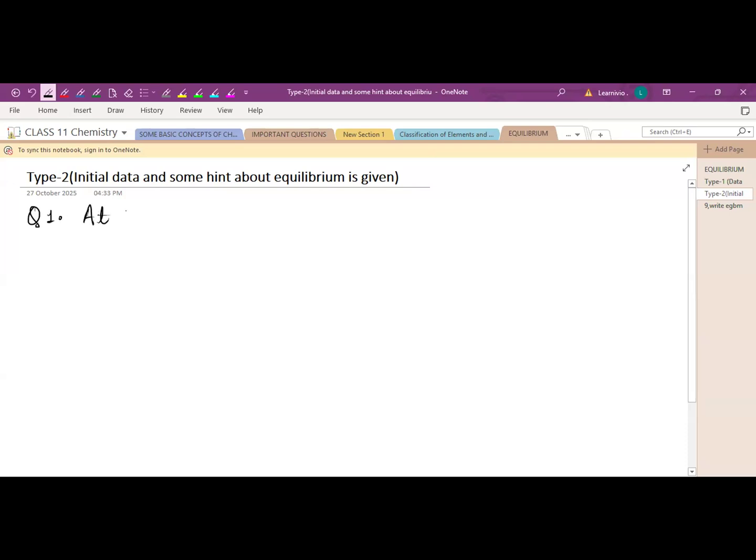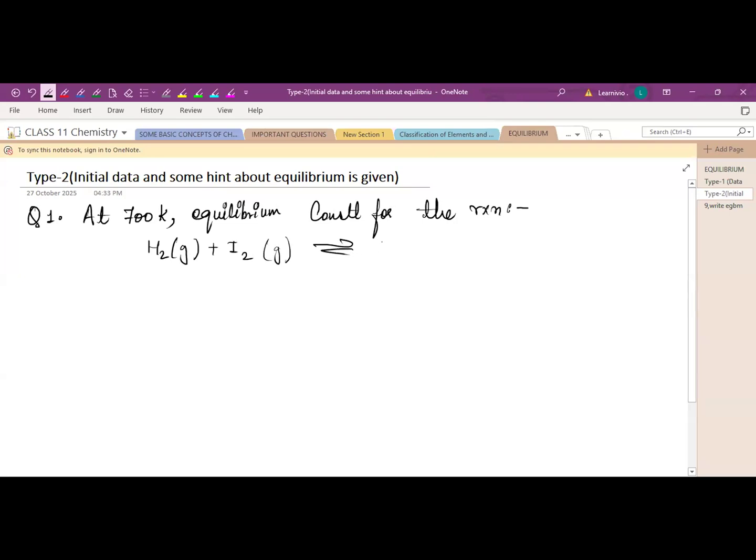Question number 1: At 700 Kelvin, the equilibrium constant for the reaction H2 plus I2 gives 2HI is 54.8.